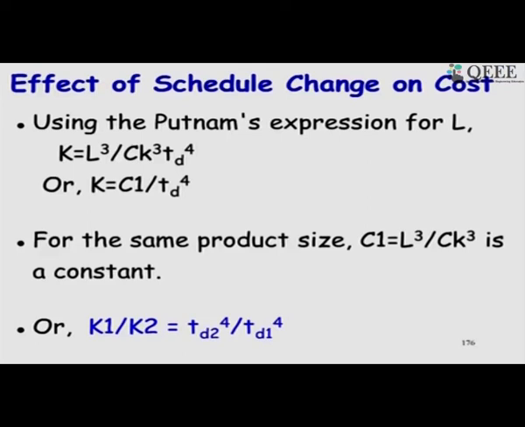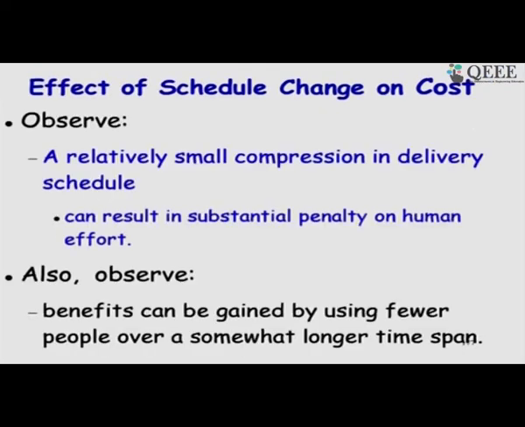So, the effort requirement increases very rapidly if we reduce the schedule. The cost also increases to the power 4. So, even a small compression in delivery time results in a substantial penalty in human effort.